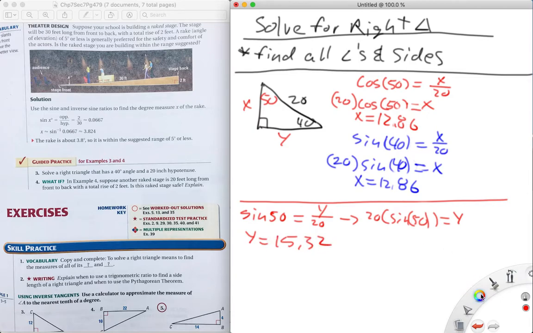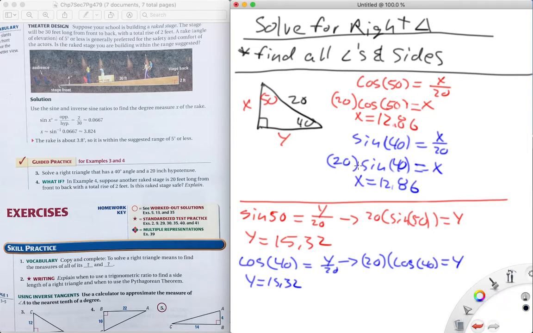All right, and I could have done the same thing with cosine of 40, and it would have gotten me the same thing. So 20 times cosine of 40 equals y, and then y would equal 15.32. So either way, that would have gotten you that.